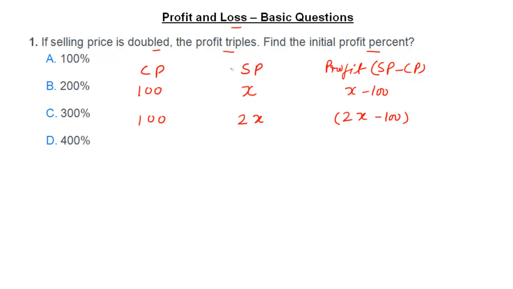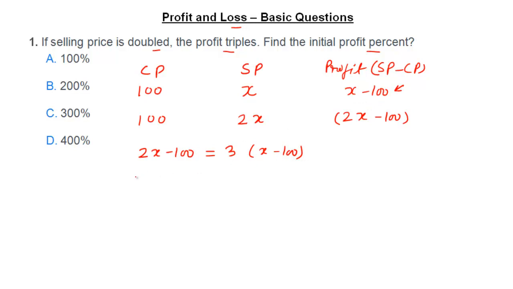So with the help of this, you can make the equation: 2x minus 100 equals 3 times x minus 100. This new profit is 3 times the previous profit.